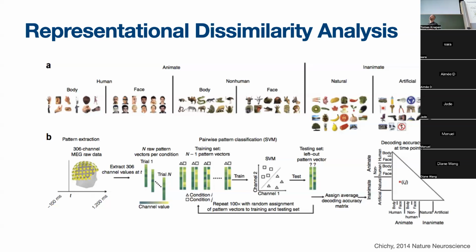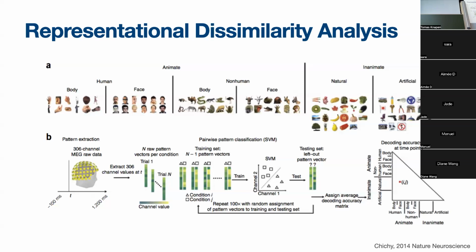And it's much faster. It's one of those brain reading methods where you lose in terms of spatial resolution because you only have 306 channels over the head, but you gain in temporal precision. So you have millisecond by millisecond measurements of brain activation. And here, what you can do is not just use the pattern of voxels or different regions of interest.